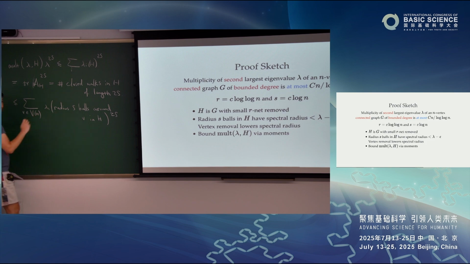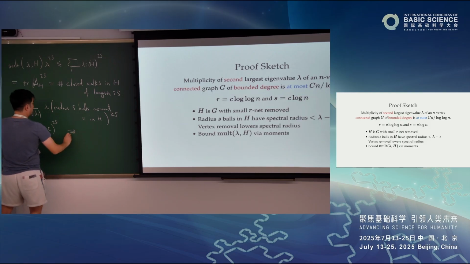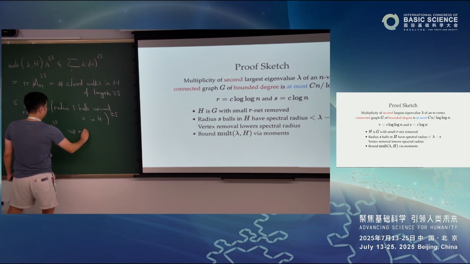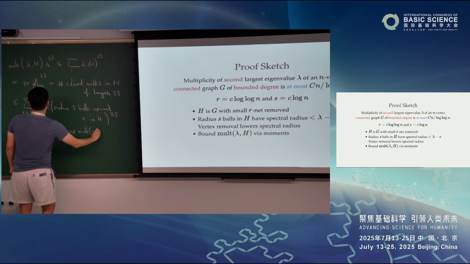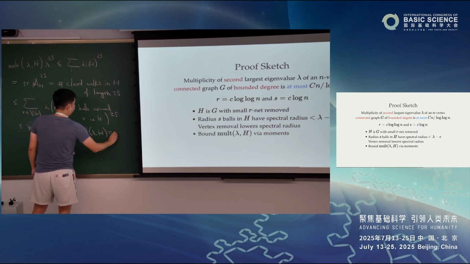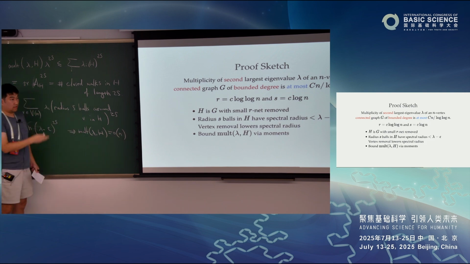Hence I can use the second bullet point to show that this is at most, bounding the number of vertices by n, which is already generous, n times (lambda minus epsilon) to the 2s. And by a proper choice of R and S, we can conclude that the multiplicity of lambda in H is little o of n.